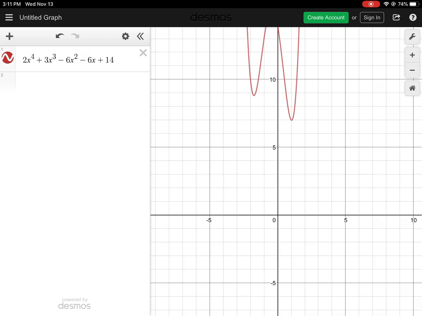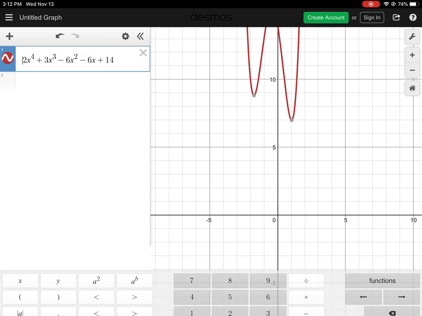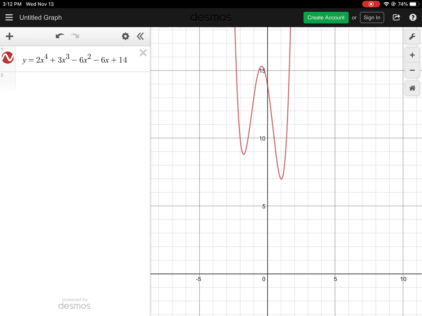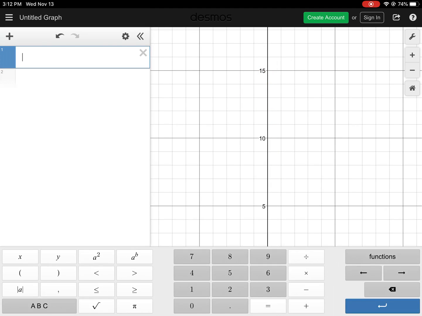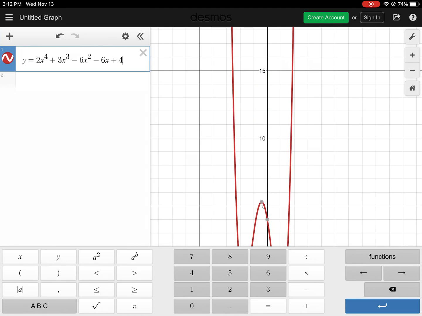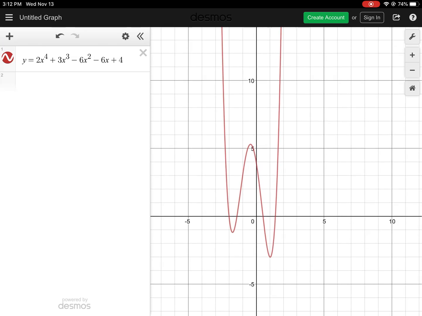Oh, 14. Shoot, undo. That's a big problem. What I'm looking at there is I got a 14 and it never crossed the x-axis. It kind of needs to.